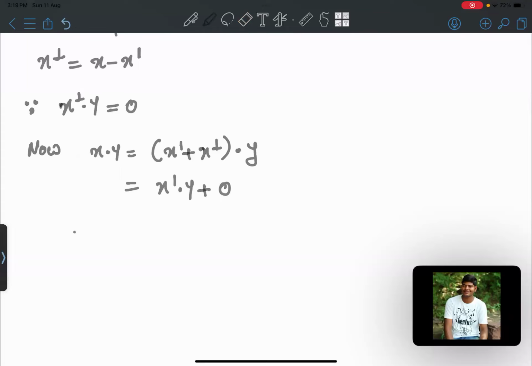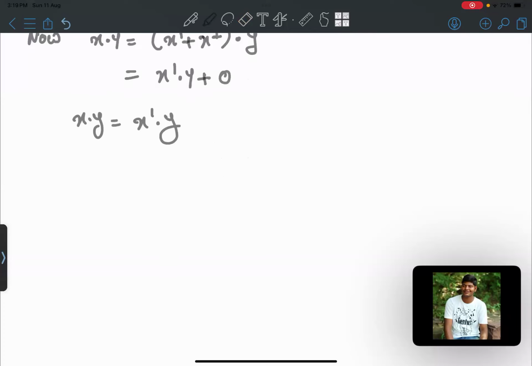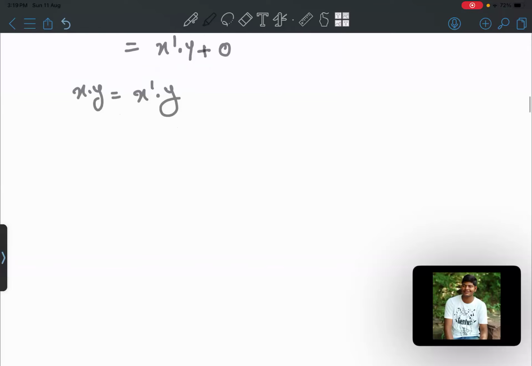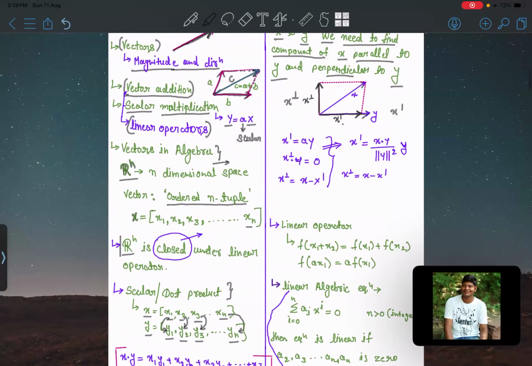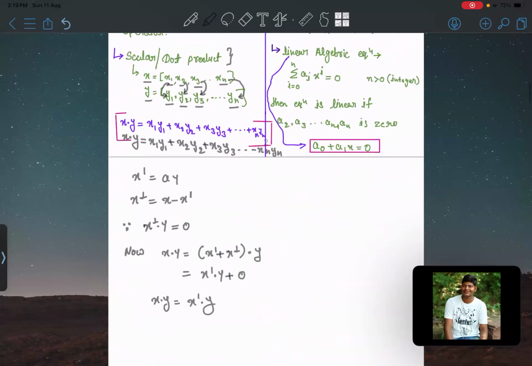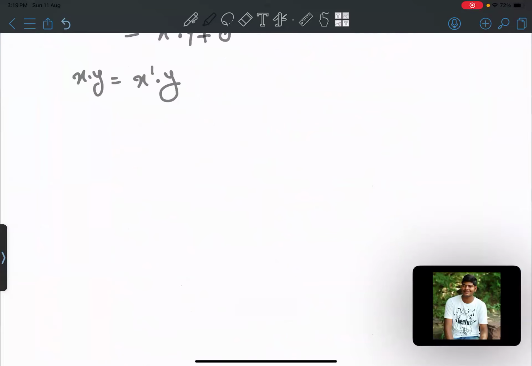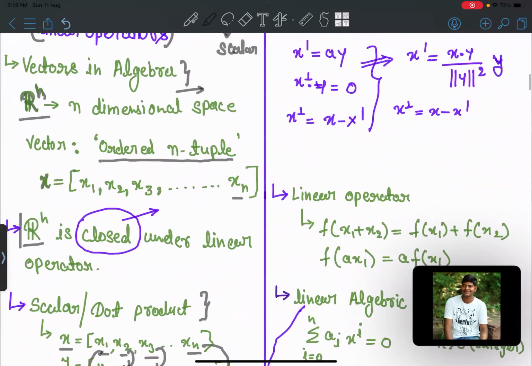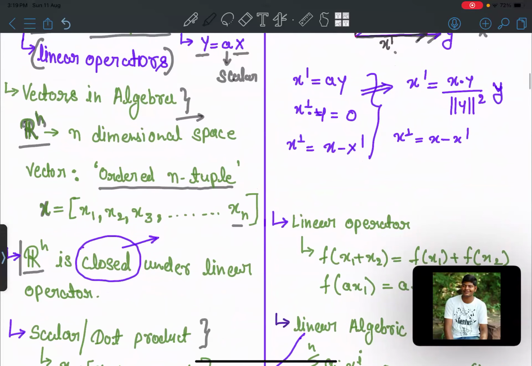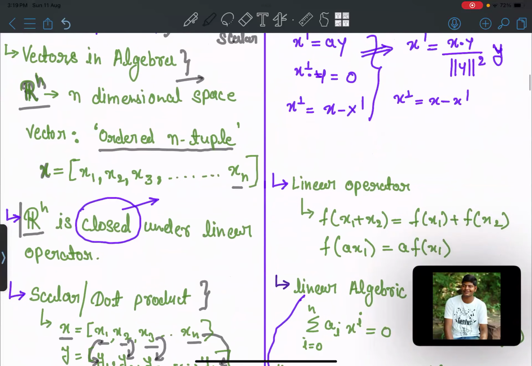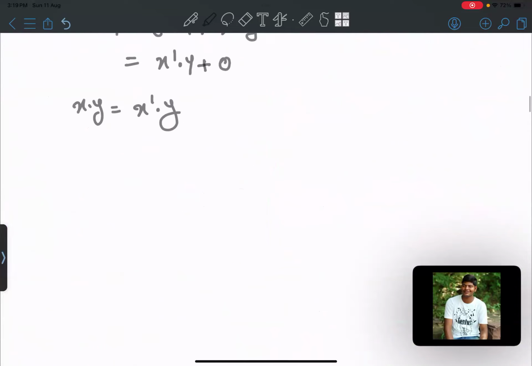Plus 0. x dot y will be equal to what? x prime dot y. Okay, similarly, x dot y.